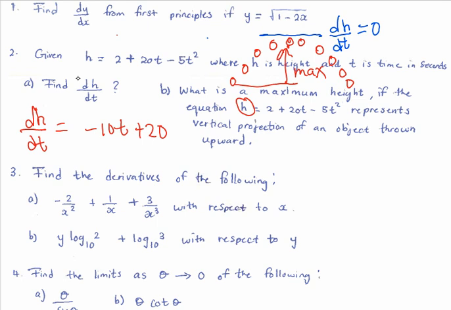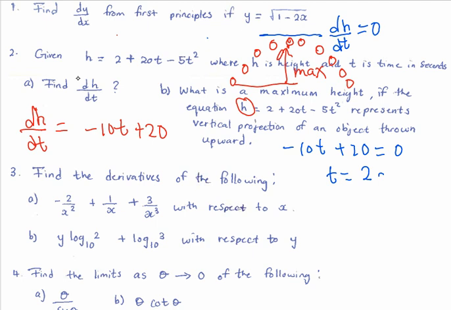So we can take this equation which we have and equate it to 0, to find the time at which we have the maximum. If you do that, you will find out that your time t is actually 2 seconds.